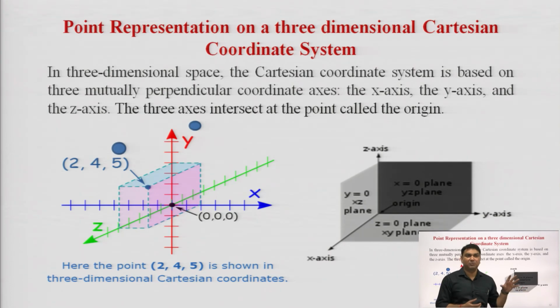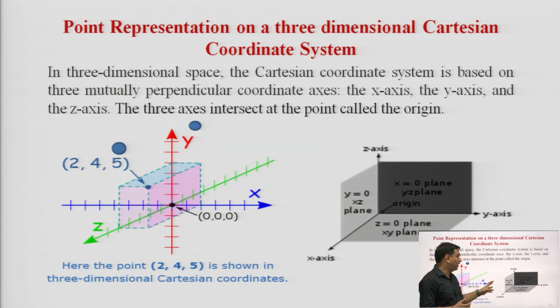Here is the point representation on a Cartesian coordinate system, in a three-dimensional Cartesian coordinate system. How a point can be shown here. This diagram shows the plane strategy. What are the different planes in a three-dimensional coordinate system? Here you can see that this one z axis and y axis, this particular plane is known as the yz plane, where x is equal to 0 plane.